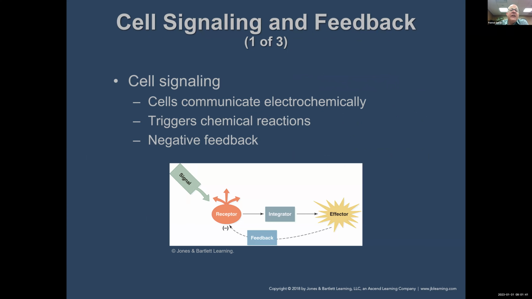So cell signaling and feedback is basically the cells communicating with each other. They can trigger chemical reactions and provide negative feedback. So for example, a form of negative feedback would be, again, the pituitary gland spitting out TSH. So TSH is thyroid stimulating hormone, okay?